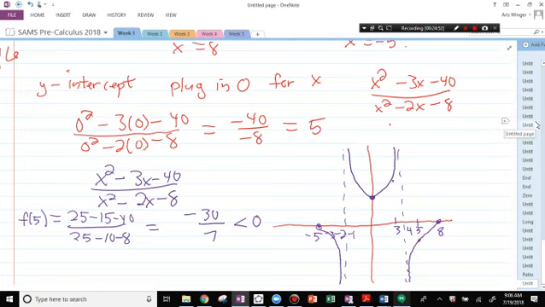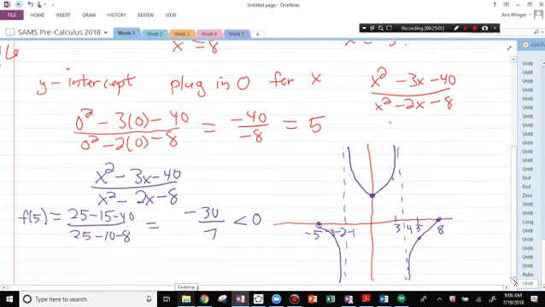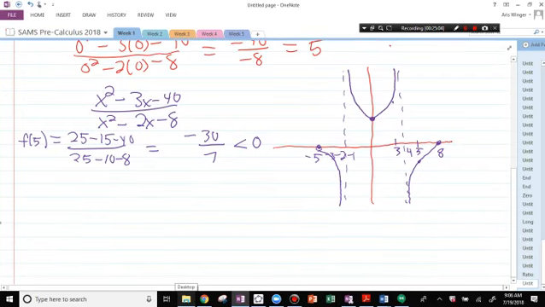Right. So again, all you need to do is check a few points and see what it looks like, all the way to the right and all the way to the left. And so the question now is, what is the end behavior?